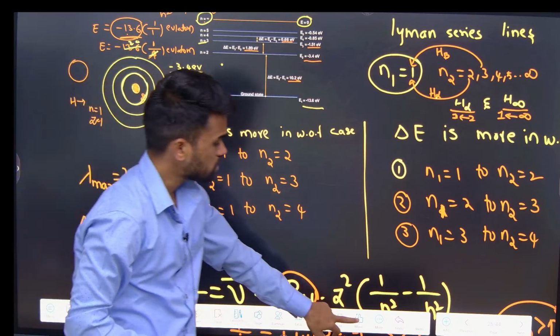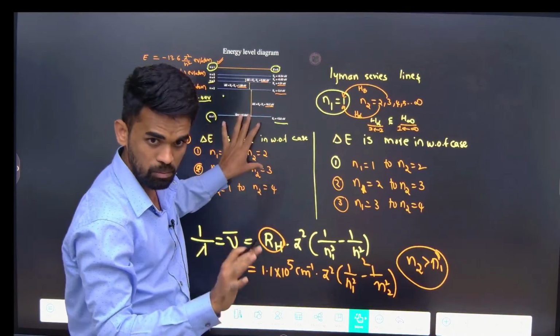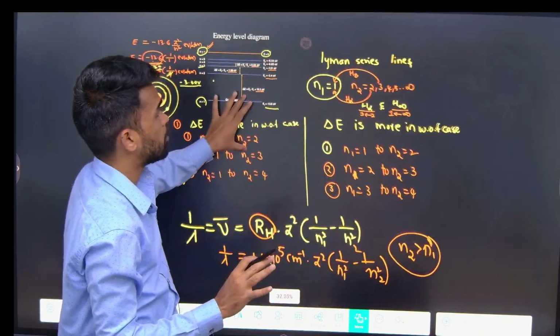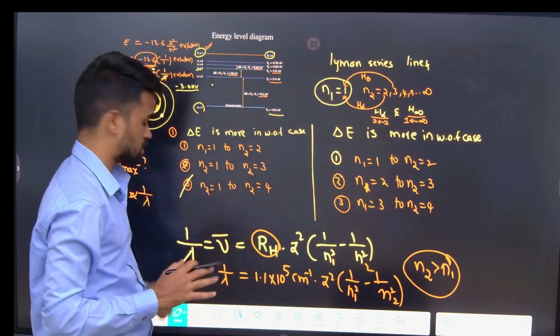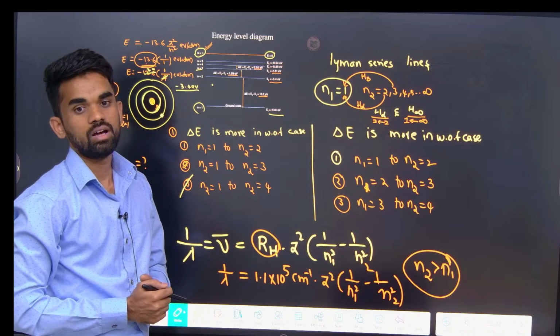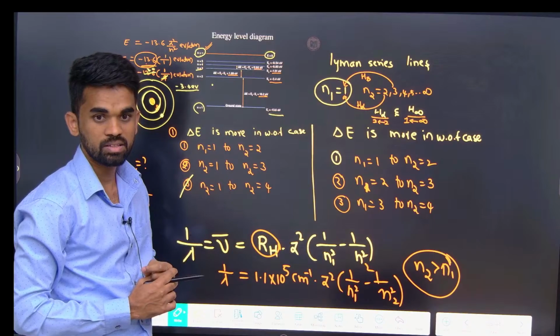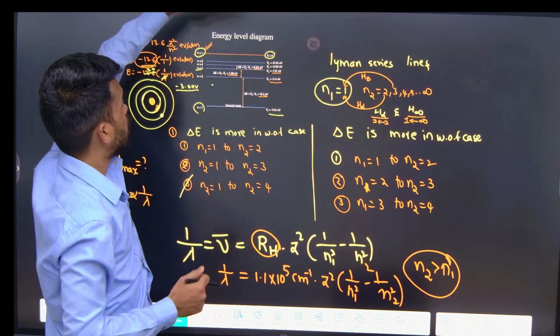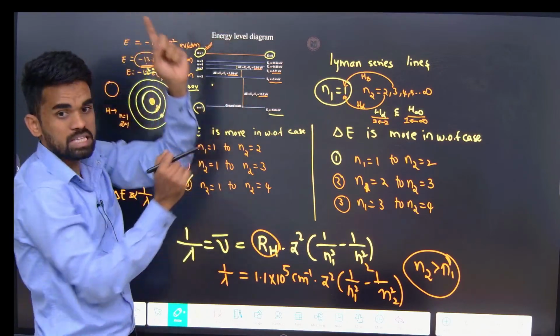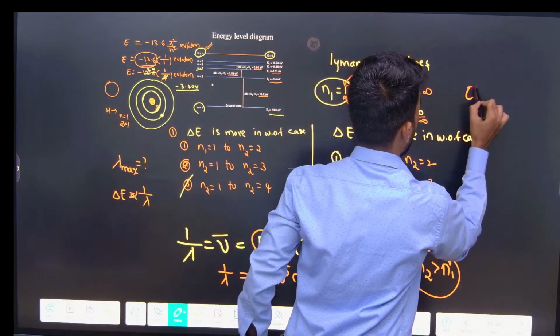Now they will ask you one question. For the Lyman series, what are the maximum energy difference lines? Like this kind of model I am saying. From infinite to 1, that is the maximum line we will get, where energy is max.